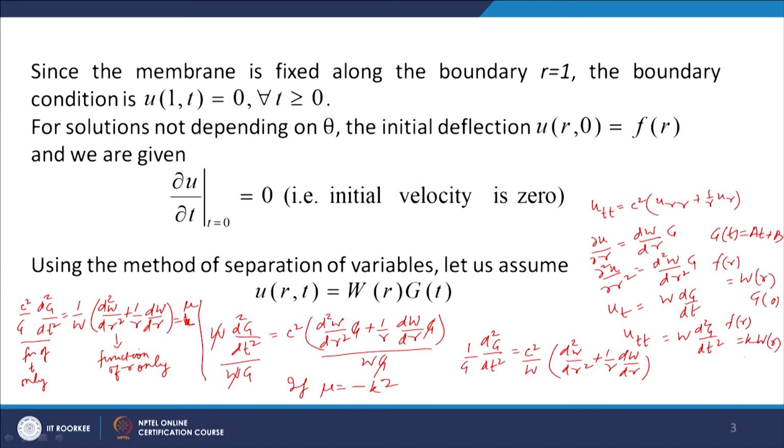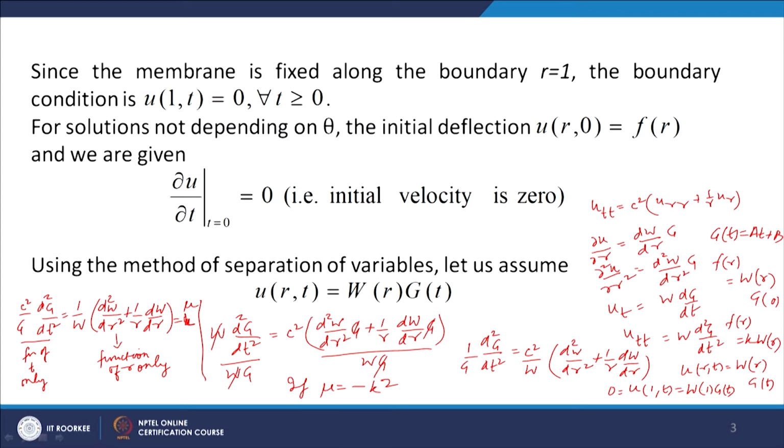Okay. So, this means that f(r) equals some constant times w(r). And then we have u(1, t) equal to 0. Since u(r, t) equals w(r) into g(t), when you put r equal to 1, u(1, t) equal to 0 equals w(1) into g(t). Here, g(t) cannot be 0, otherwise u will be 0.